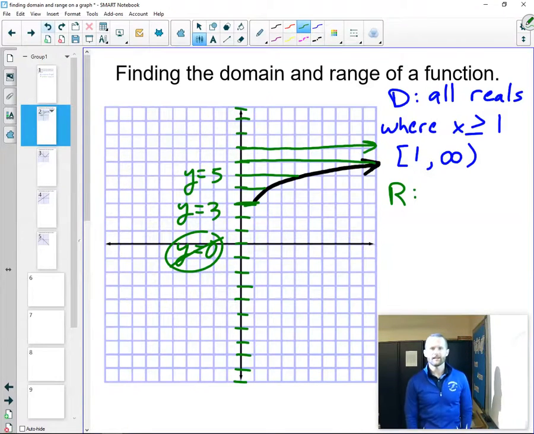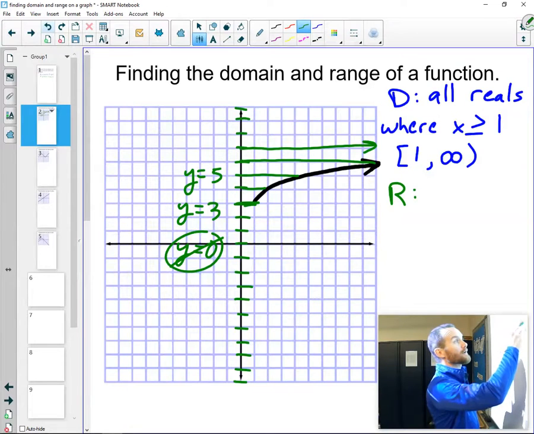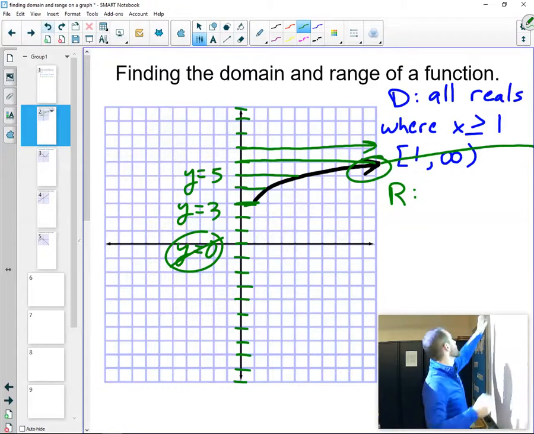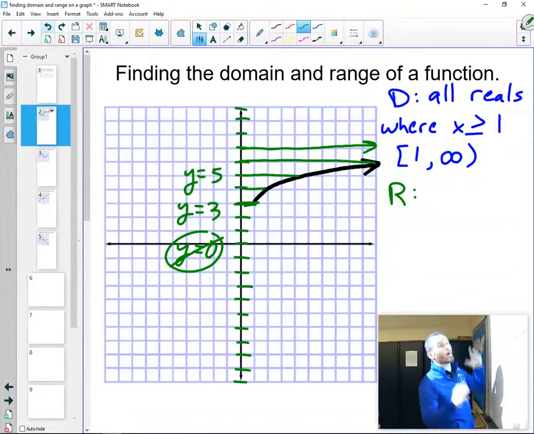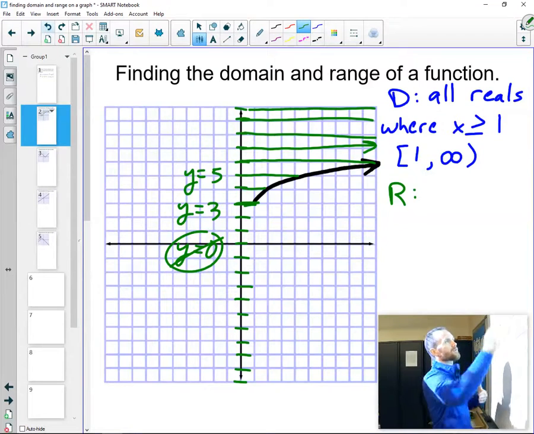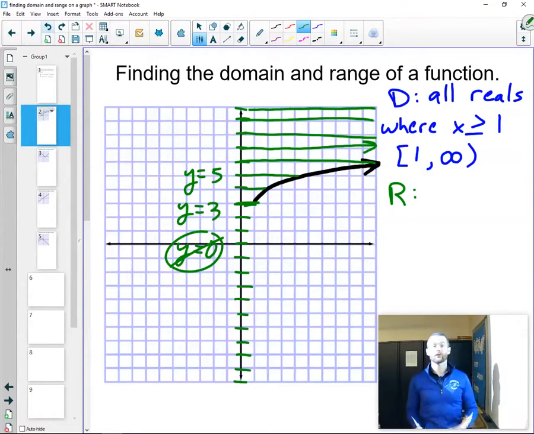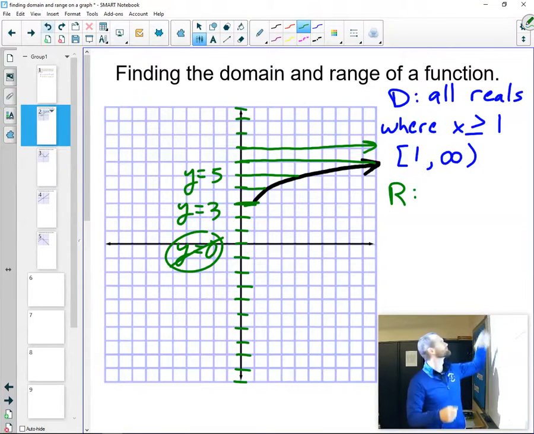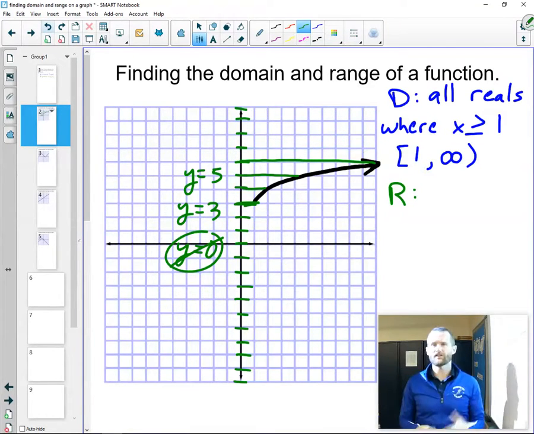It looks like it's not going to hit the function, but it actually will. I mean, it's going to be way out here in the distance, maybe, but eventually, since we've got an arrow right there, the function will continue to go right and up. So all of these y values in the positive direction, everything above y equals 3 will work for the range, even though they're not hitting it in our standard window of 10 by 10.